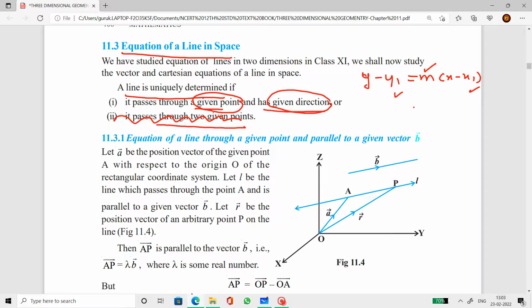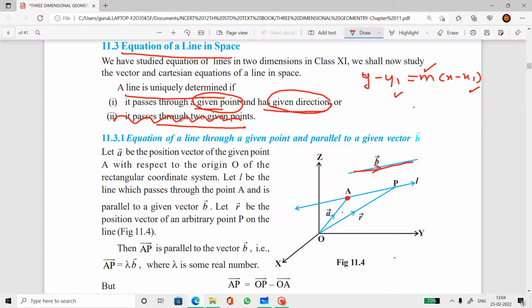Here you can see a diagram in your book. The point that I was discussing is the point A here. Point A is the given point. And B is the vector of a line that's parallel to the required line.